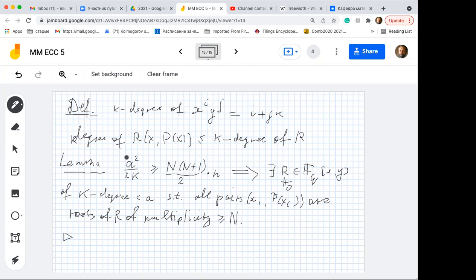The constraint that each of our points is a root of large multiplicity can be expressed as a linear homogeneous equality where the unknowns are the coefficients of R. So we need, first of all, to find out how many coefficients R has.